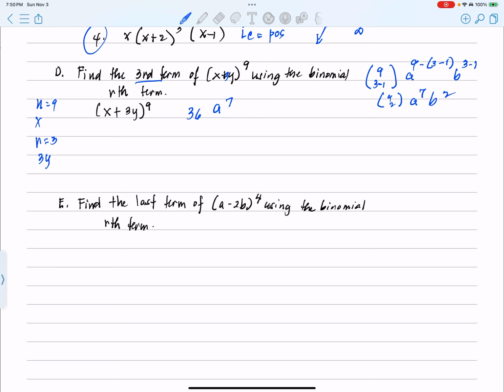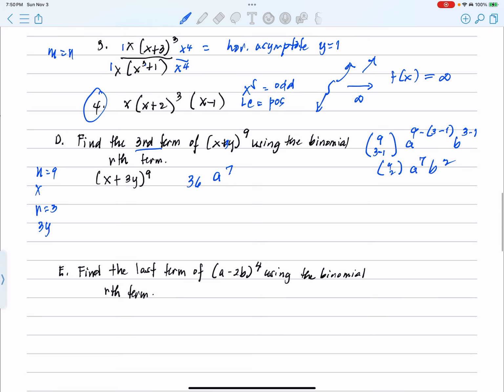Oh, wait, I have to change that a, the first term, as x to the 7, and the b is 3y squared. So that is 36 x to the 7, 3 squared is 9y squared. 36 times 9, that's 324. x to the 7, y to the second power.